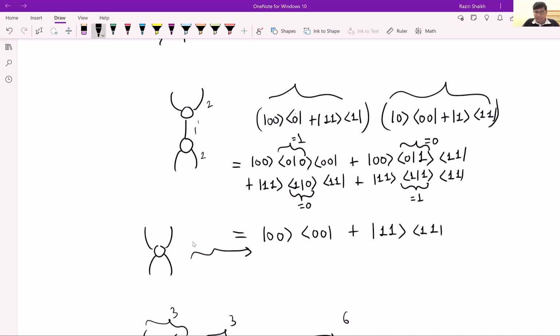So the result here only depended on the number of input legs and number of output legs, and it again gives us a spider. Does this answer your question?